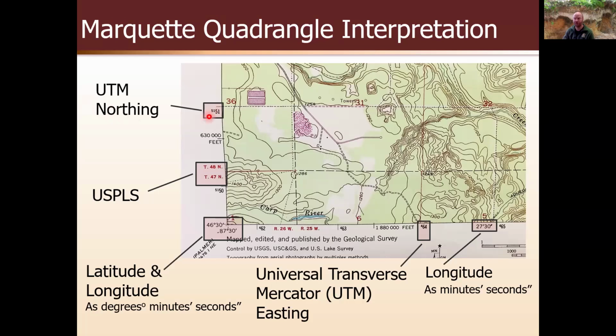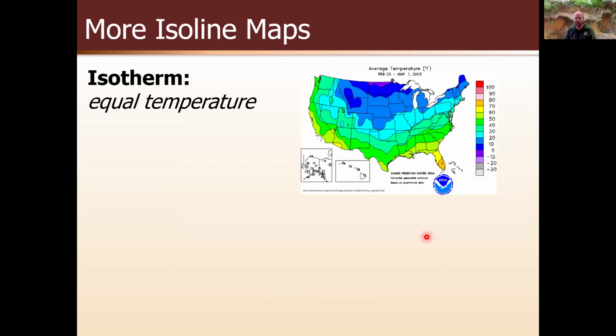And actually, this is in millions of meters north of the equator, and then meters to the east of. And so for the UTM system, kind of like USPLS, there's a principal meridian and baseline, but in this case, there's a zone. And so we're in a specific zone within UTM. And so this is meters east of the zone line, kind of like based upon meridians.